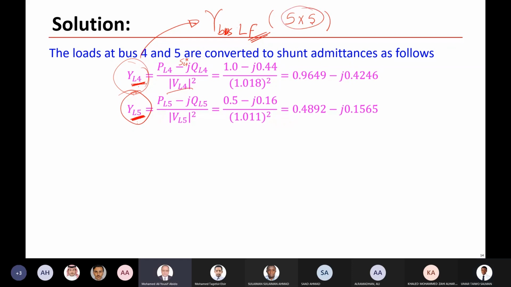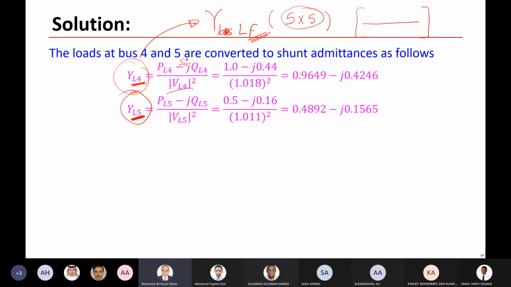You have here 5 by 5. So the buses corresponding to 3 and 4 are the ones, row 3, row 4 corresponding to column 3 and 4. Why 3? We have only 4 and 5. I mean 4 and 5. Yes, 4 and 5. Okay, so this is the Y bus matrix.